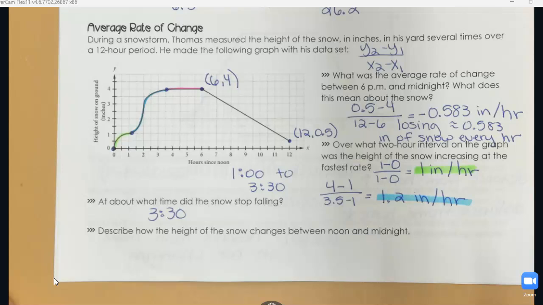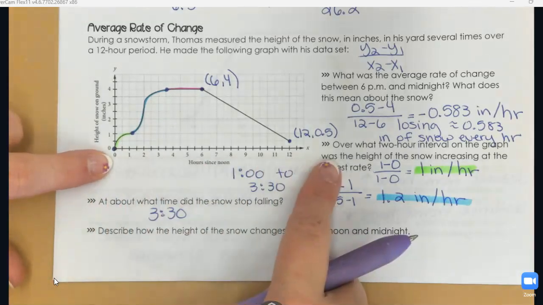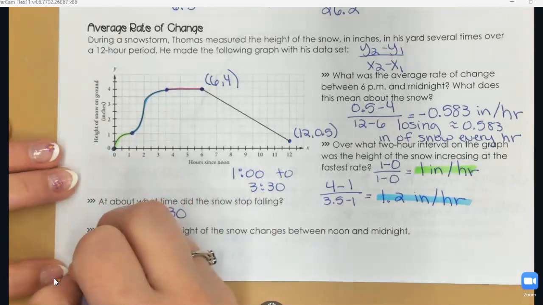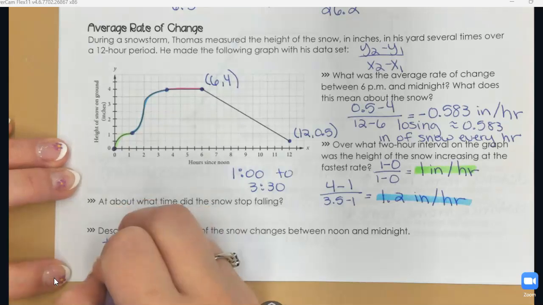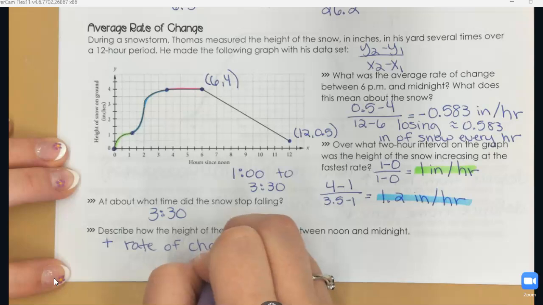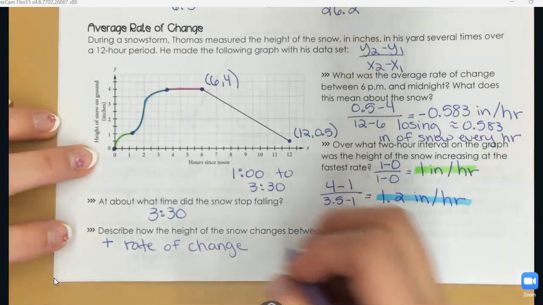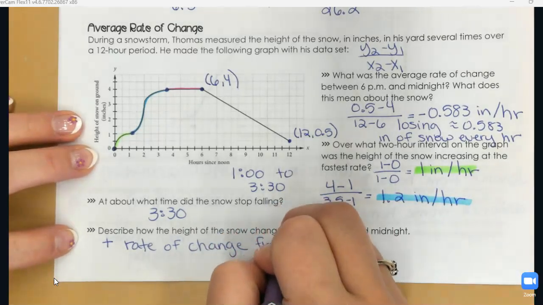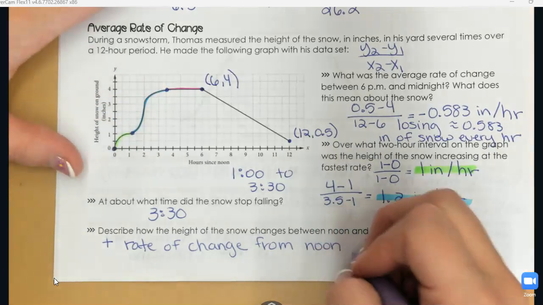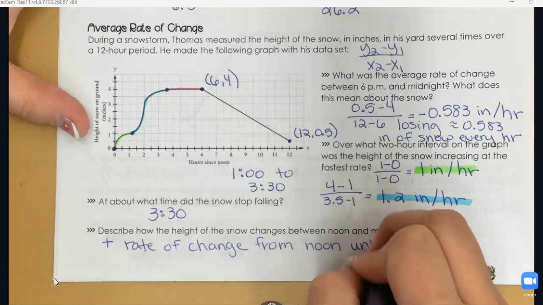And so describe how the height of the snow changes between noon and midnight. Over this entire interval, it starts out by increasing. So we start with a positive rate of change from noon until the snow stops falling at 3:30.